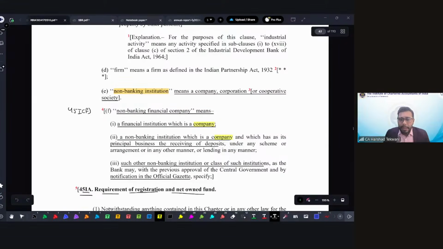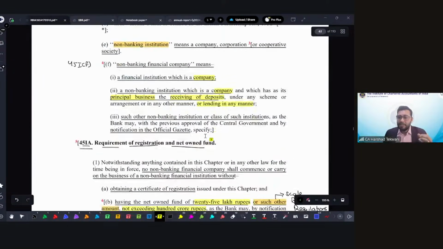The term principal business: receiving deposit or lending in any manner. Now, the term principal business is not defined anywhere. What is principal business? It is not defined anywhere, this particular term of principal business.